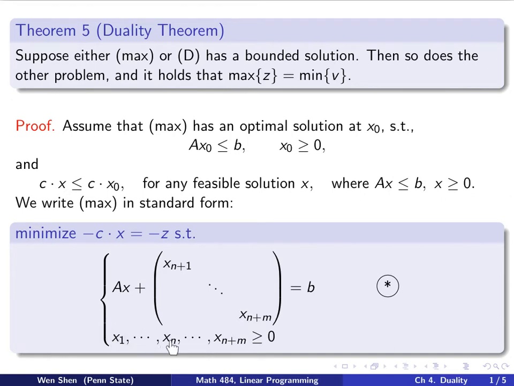And then now I have the variables we start with plus m slack variables. They are all restricted to be non-negative. Okay, so for this we're going to call this star circle.